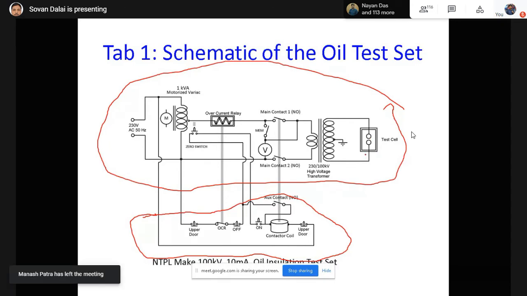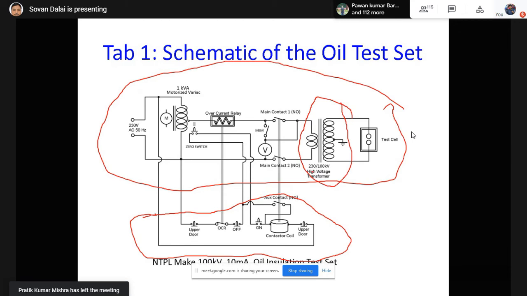The component required for high voltage generation from the domestic voltage, and the most commonly available equipment, is the transformer. So this one is the high voltage testing transformer, rated 230 volt by 100 kV. So maximum we can get 100 kV. That transformer is fed from a motorized variac.